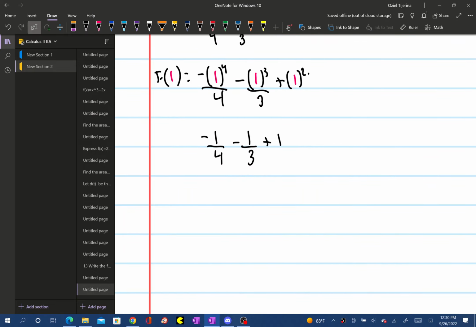You can do the common denominator. So times 3 here, times 4 here, times 3 here, and times 4 here. Get negative 3 over 12 minus 4 over 12, and then plus, and then 1 is just 12 over 12.